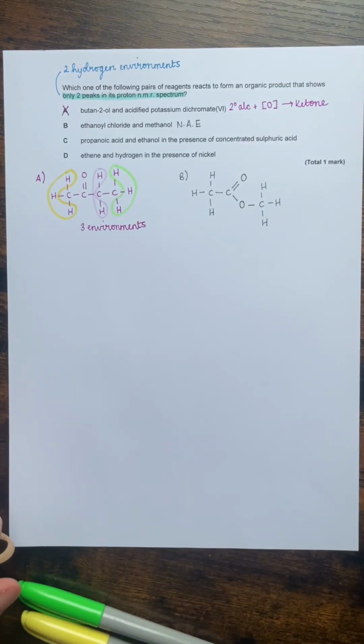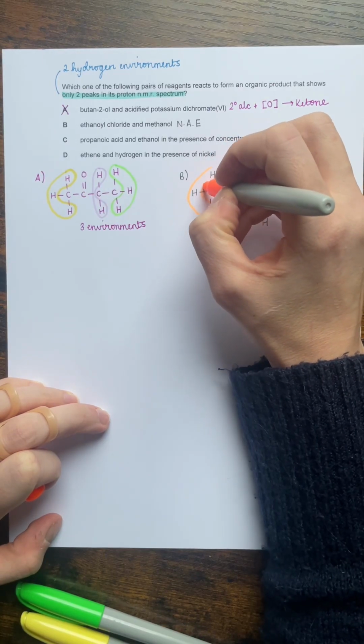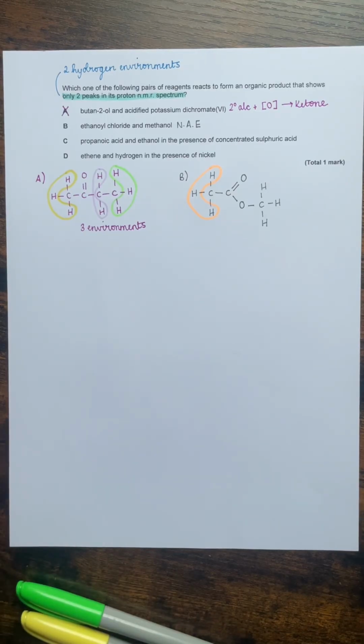That is our organic product, and hopefully at this point we're thinking, this could be our answer. Only 2 peaks in the proton NMR spectrum, only 2 hydrogen environments, and I think that's exactly what we've got. So we've got the H's over here, and again, they are not the same as the hydrogens on the other side.